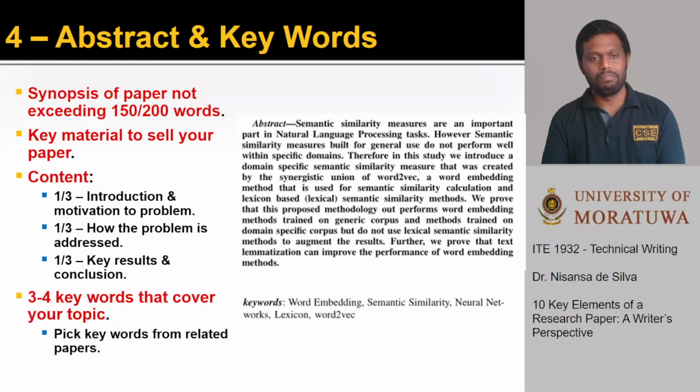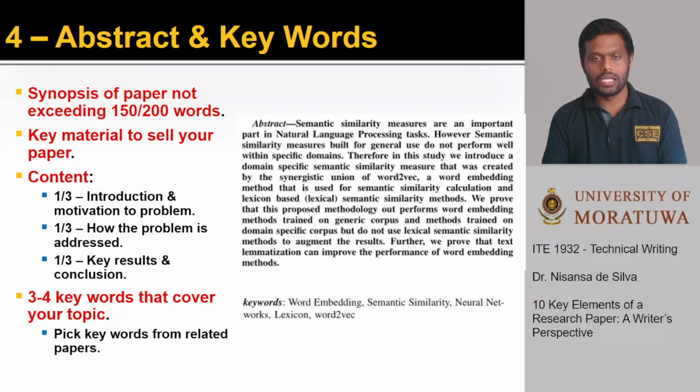You can actually pick these keywords from the related papers as well, so that you would know that on one hand you have selected the relevant related papers, and on the other hand the important keywords or important topics of the field have been selected for you.